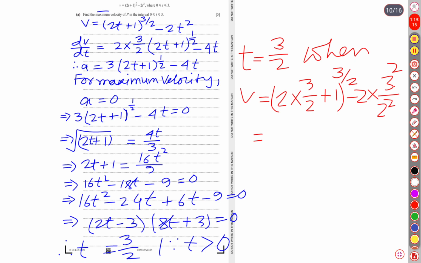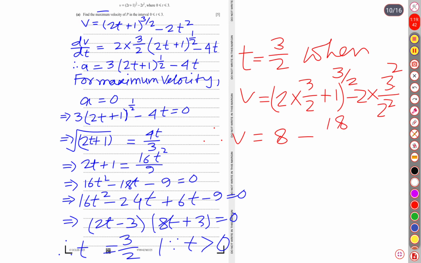Then our velocity, if we simplify this, is going to be 4 raised to 3, so 8, minus 2 times 3 square, 3 square means 9, so 18 over 4.